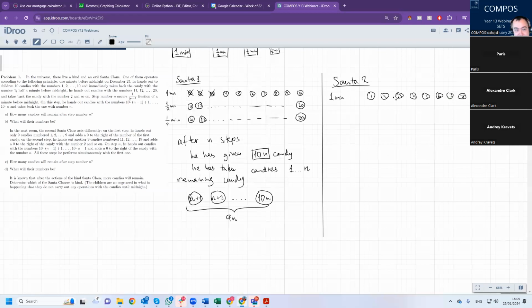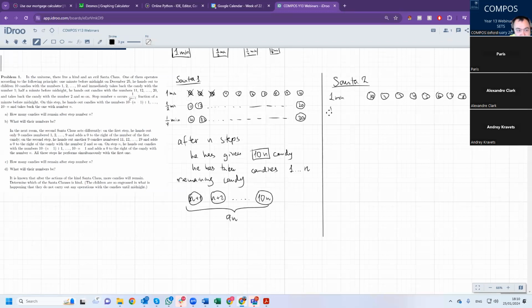And then he changes the first candy. He writes a 0 on the first candy, so it becomes candy number 10. So basically he removes candy number 1, and it becomes candy number 10.